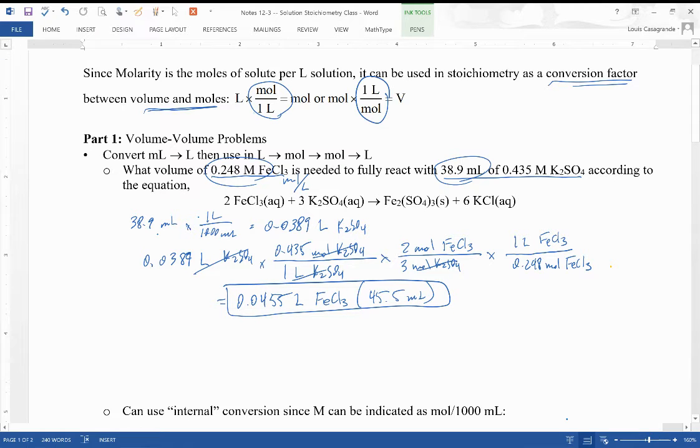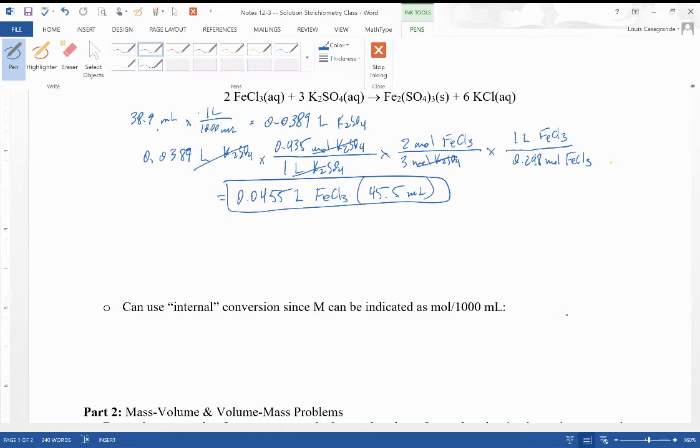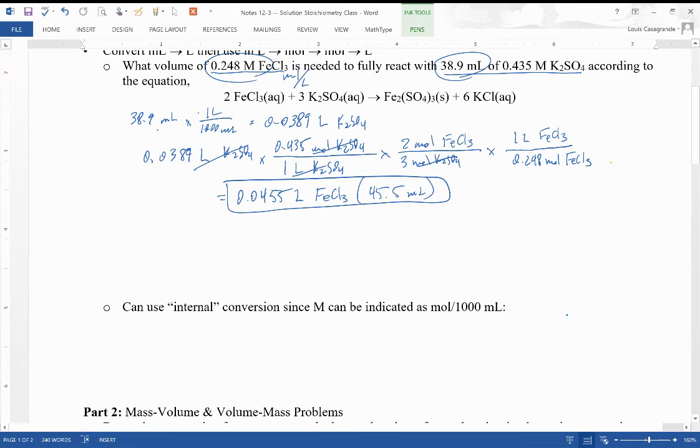And so, again, relatively straightforward. We've done this before. But I want to show you a cool little trick that we can use. Instead of having to convert directly from milliliters to liters and then use that in the equation, I'm going to allow you to take this part of the equation and use that as the start of the conversion.